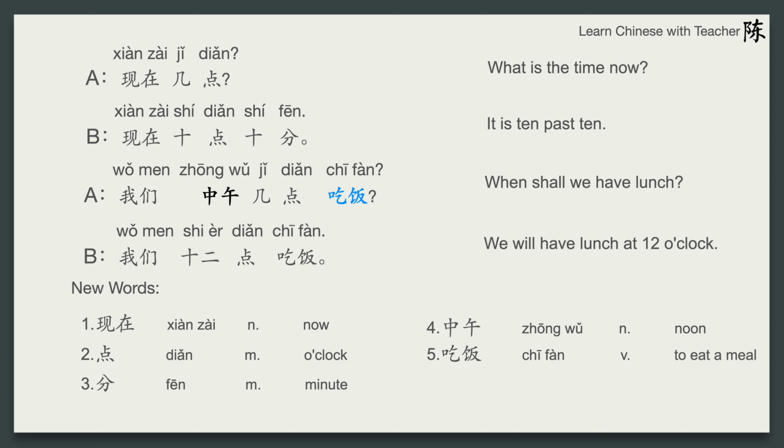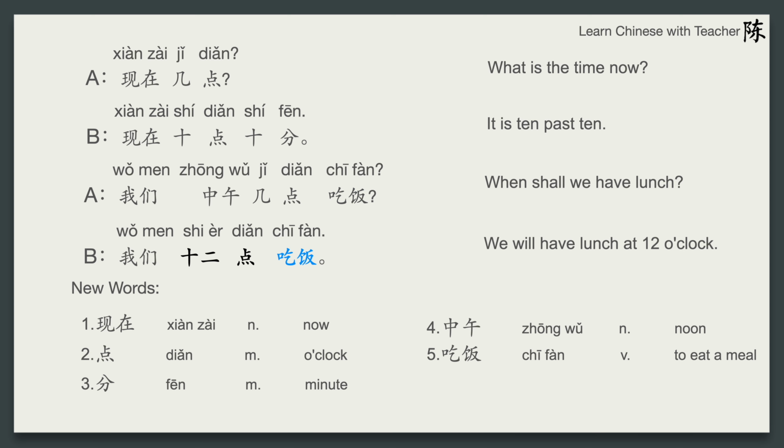Like in this sentence, we know it is 10 past 10 now from the context, and the person A mentioned that time 中午 noon, which is an hour later.